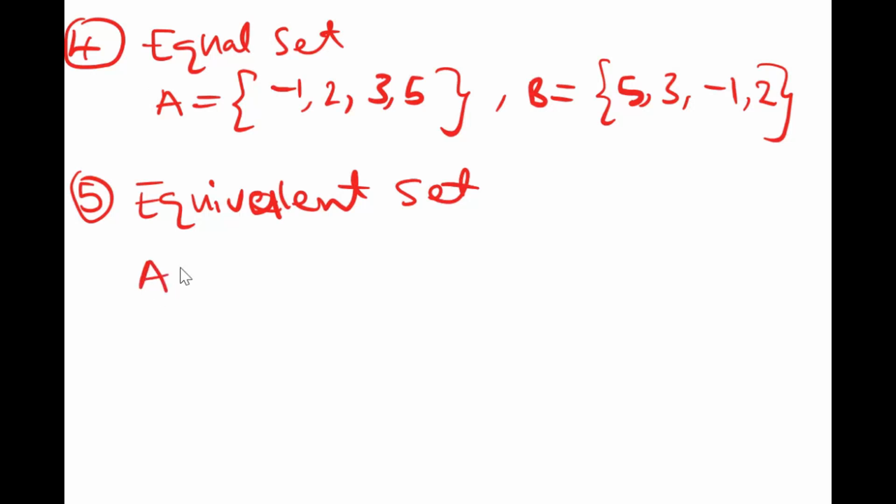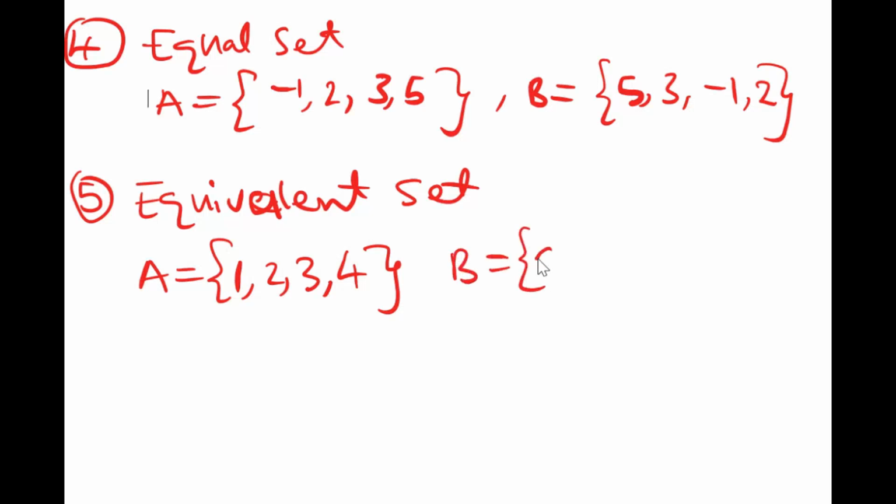Take for instance, if I have A to be {1, 2, 3, 4} and B is equal to {A, B, C, D}. So the number of elements in A is 4, and the elements in B are 4 too. So we can say that A and B are equivalent.